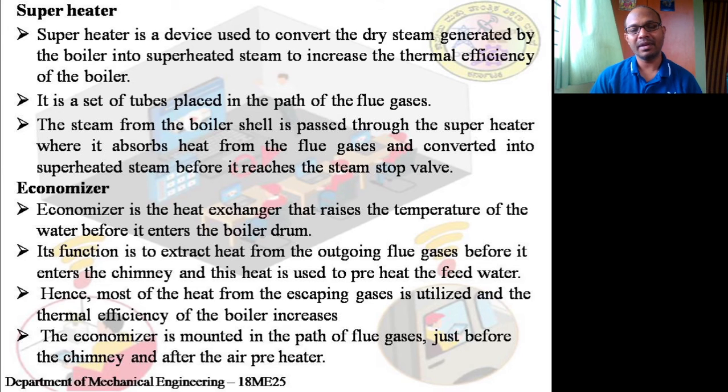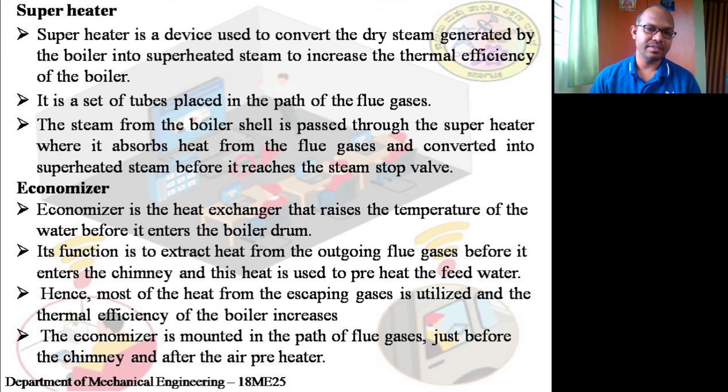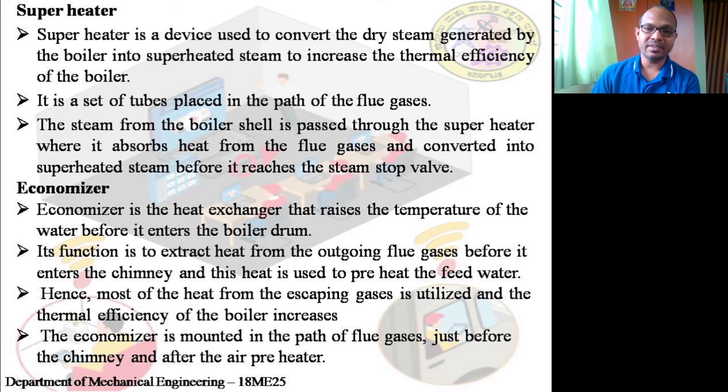One of the better heat exchangers I can give you is the radiator. In automobile applications, radiators are extensively used to take away the heat generated in the engines. Now this economizer is one type of heat exchanger which raises the temperature of the water before it enters the boiler drum.